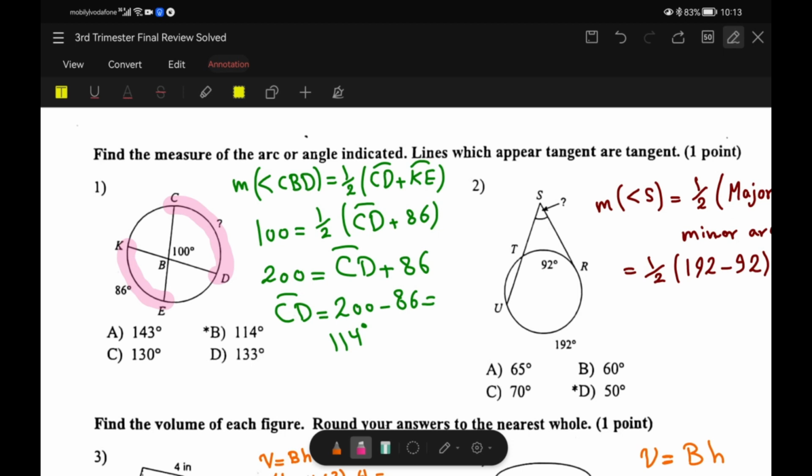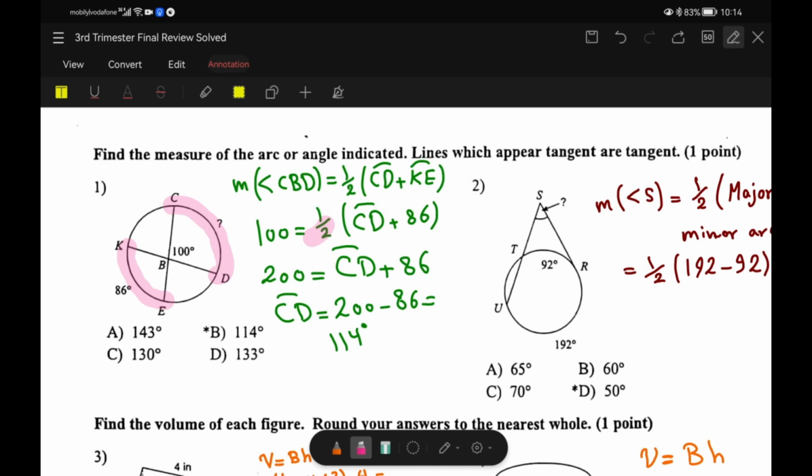Let's substitute. 100 must equal half of CD plus 86. We need to get rid of that half by multiplying both sides times 2. 100 times 2 equals 200, and half times 2 equals 1, times the bracket, so write down CD plus 86.